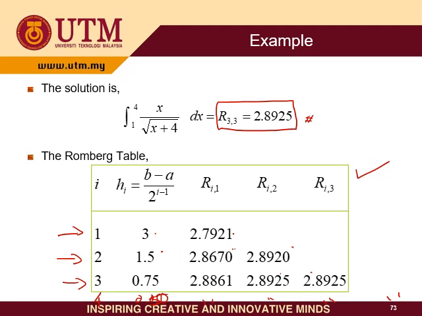Okay, this is based on your answer in the question. So for this question we calculate until R33, where we minus this, it is less than our error, so this will be our answer here. Okay, but you must make this table too.